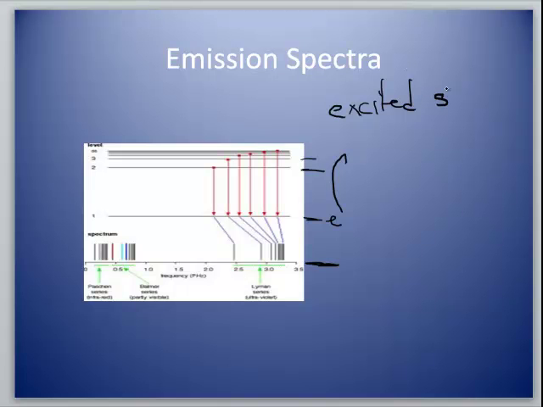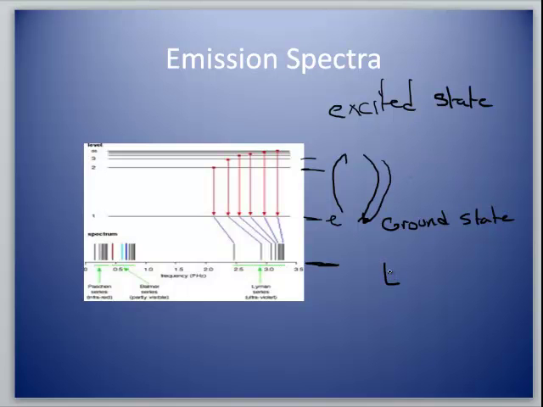When that electron falls back down to the first energy level, which it wants to do, that first energy level is what we refer to as the ground state. In other words, it's the state of lowest energy. The electron is going to release that amount of energy.